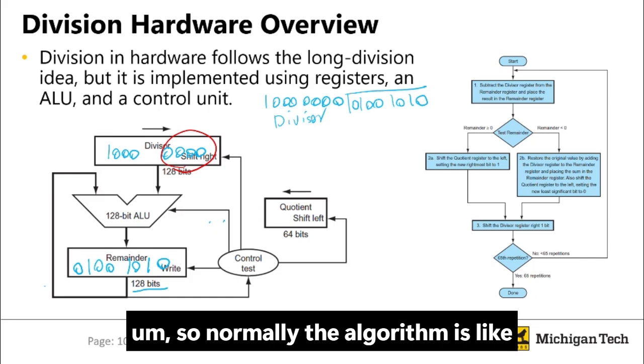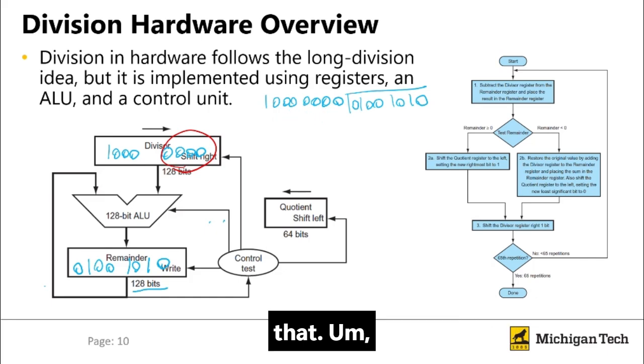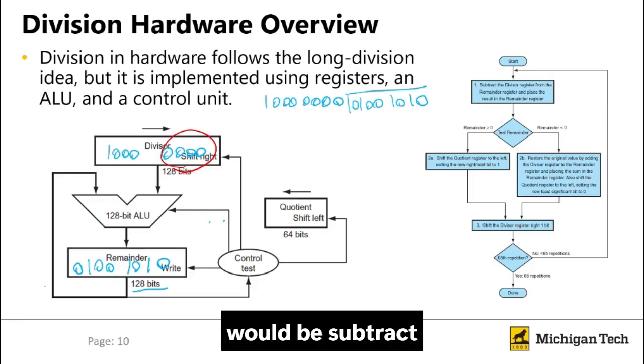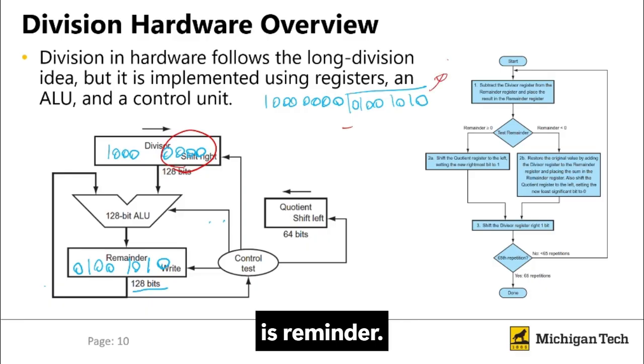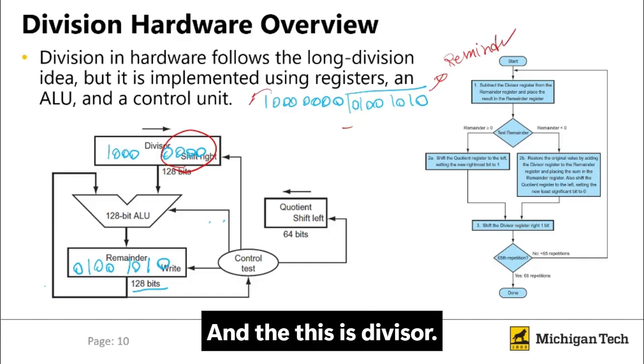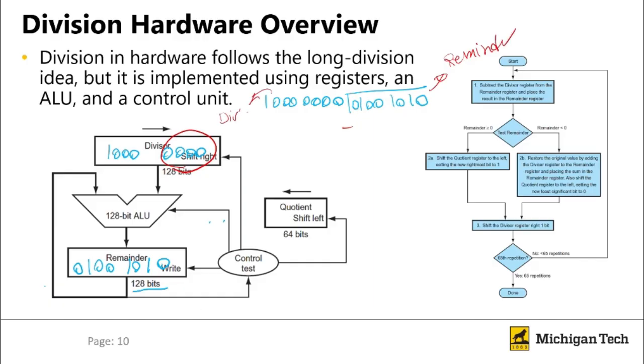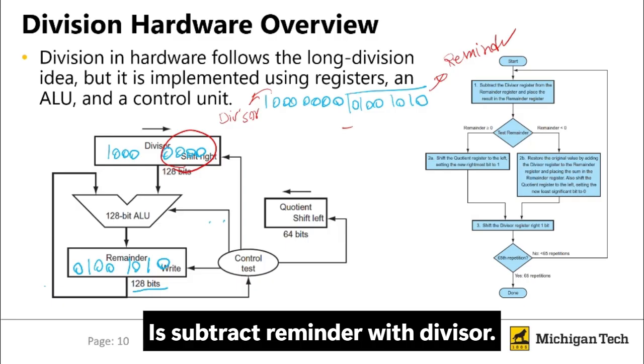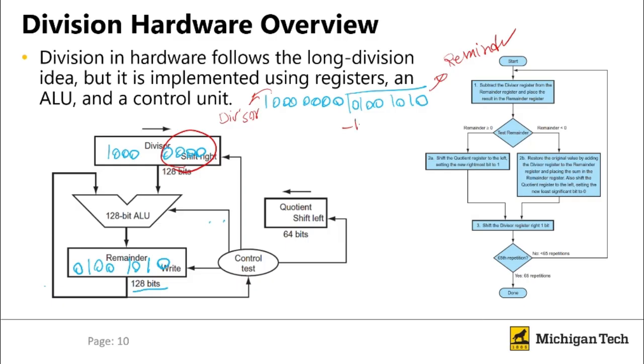Normally the algorithm is like that. First we subtract the divisor. This is the remainder, and this is the divisor. We subtract the divisor from the remainder.